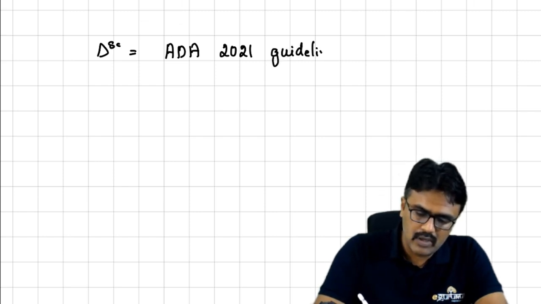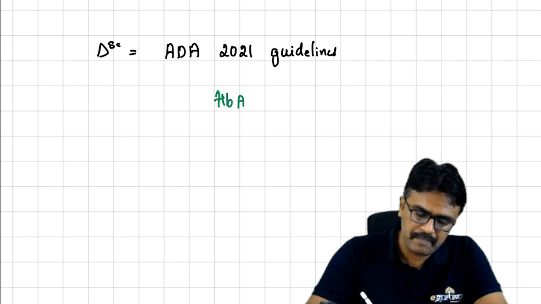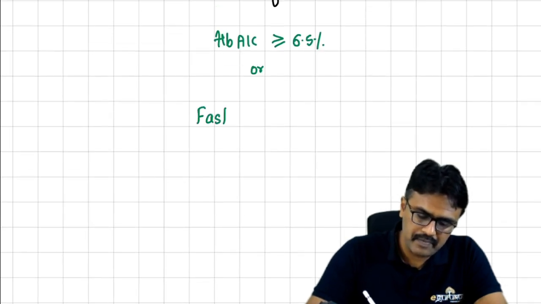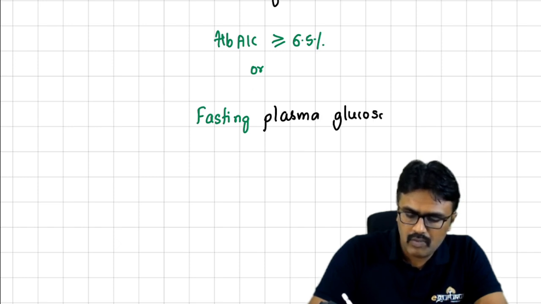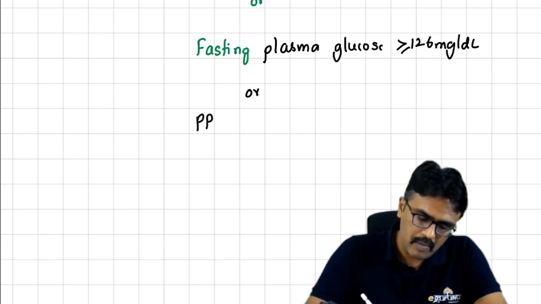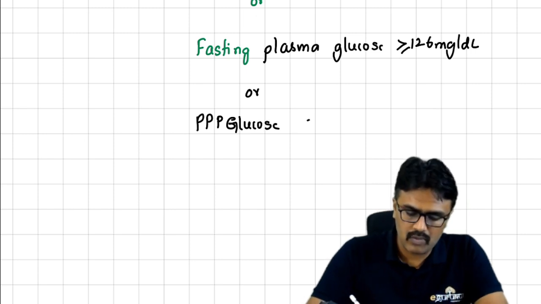According to these guidelines, you diagnose based on HbA1c, if it is more than or equal to 6.5%, or if the patient's fasting plasma glucose is more than 126 milligram per deciliter, or the postprandial plasma glucose is more than or equal to 200 milligram per deciliter.